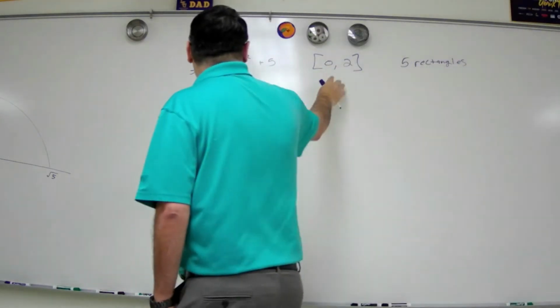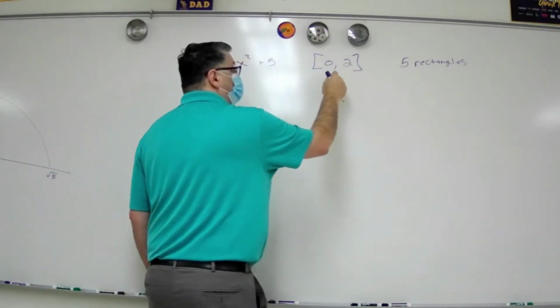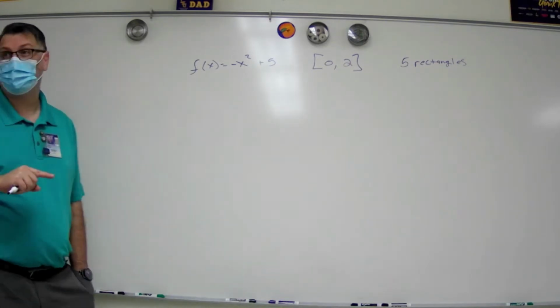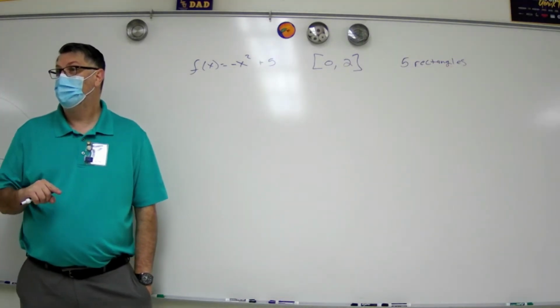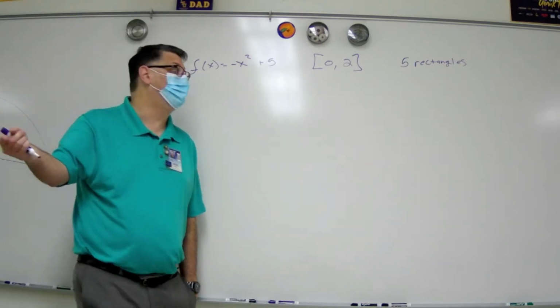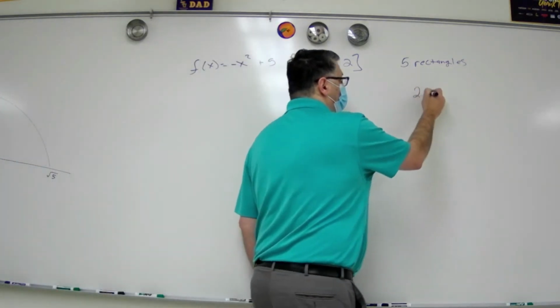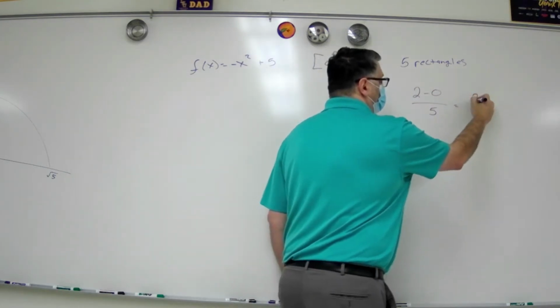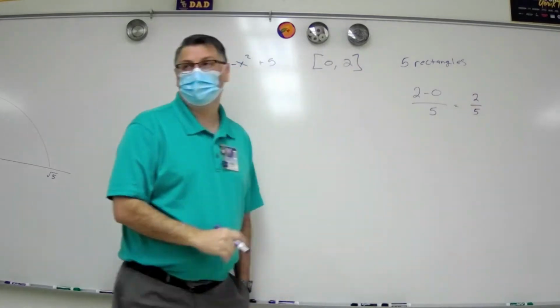So if I'm going to have 5 rectangles between 0 and 2, how do you think I can find an even width along the x-axis? Take the distance. How would I find the distance on the x-axis between 0 and 2? So 2 minus 0, thank you. Divided by 5, good. Each will be 2/5.